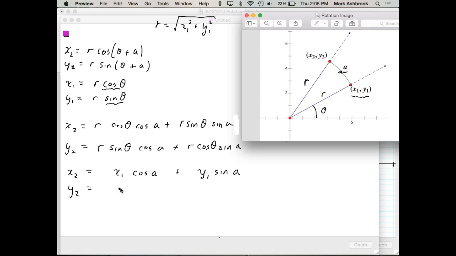So y2 equals. Yeah, so we're working off here, and now we realize that we can get the x1 and the y1 in here now, right? So how do we get x1 and y1 into this? Y1 cosine A. Good.